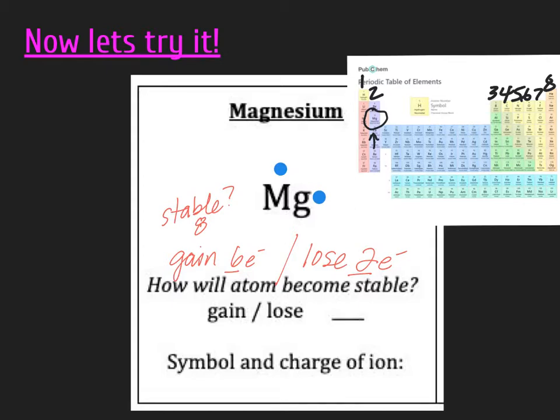Easiest thing to do here, least amount of work, would of course be to lose 2 electrons. So I would say here, this atom would lose 2, and the symbol becomes Mg, and it lost 2 electrons. That means it has more protons, Mg 2+.